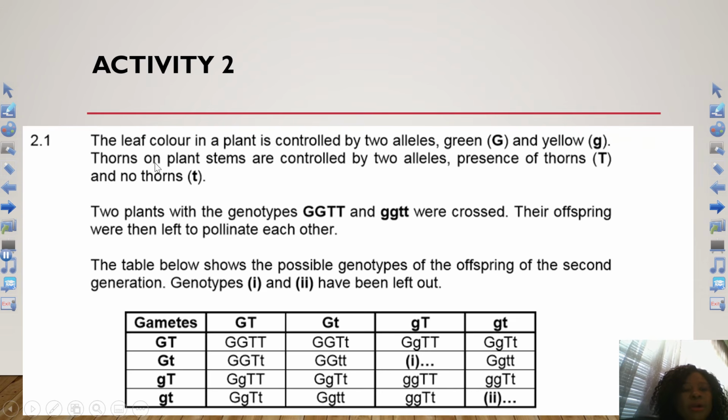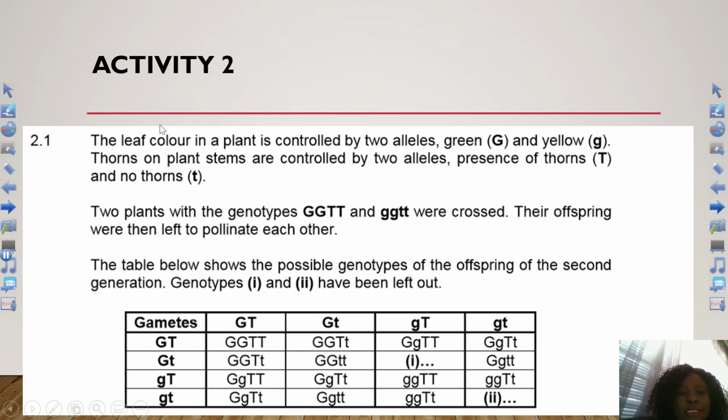Then it says thorns on plant stems are controlled by two alleles. The presence of thorns is represented with a capital letter T, meaning that having thorns is dominant to having no thorns. So no thorns, as you can see here, is represented by a small letter t.